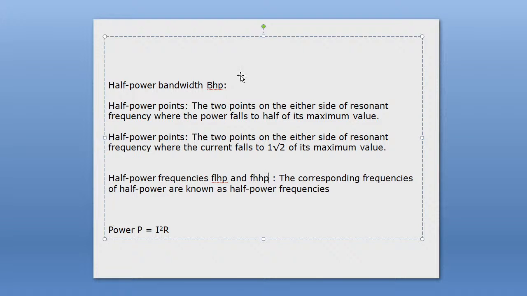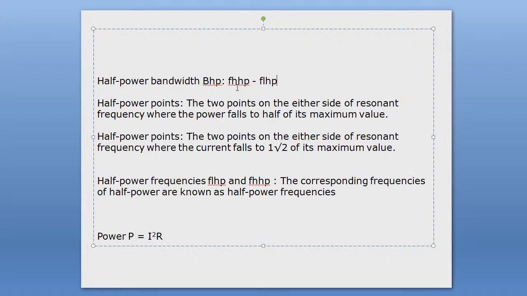So the half power bandwidth will be equal to the difference of the half power frequencies: higher half power frequency minus lower half power frequency. You make the lower and higher in subscript format. It's good.